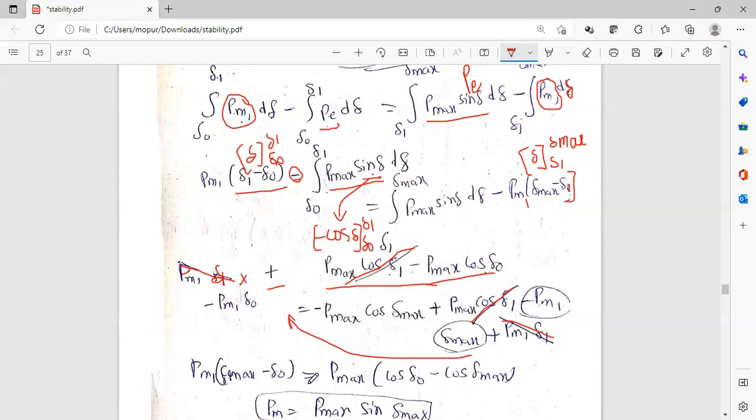PM1 into del max minus del naught is equal to, and I am taking this term to the other side, this minus P max cos del naught I am taking to the other side. What I will get here: plus P max cos del naught minus P max cos del max. These are the terms which are left. So we got this equation.